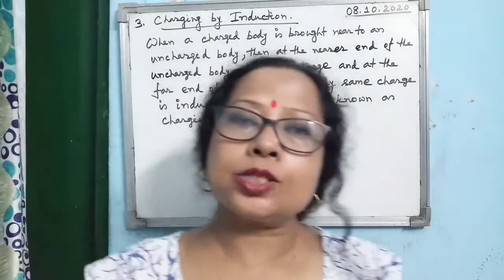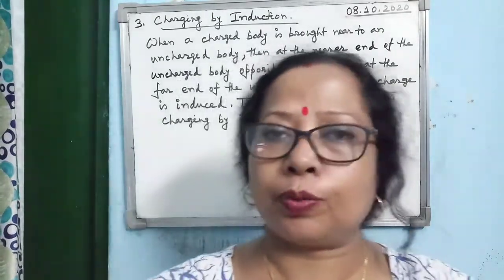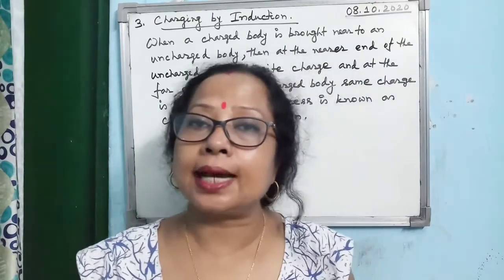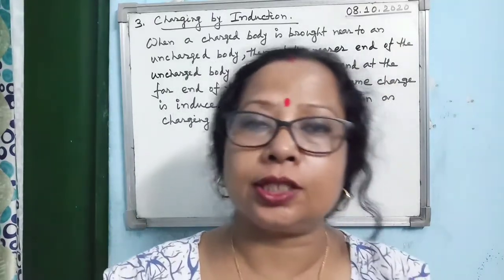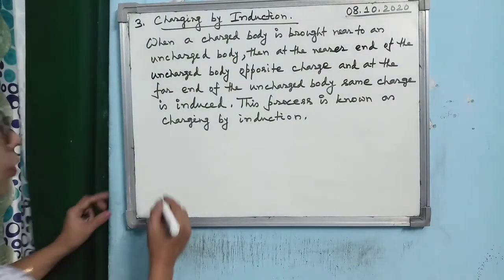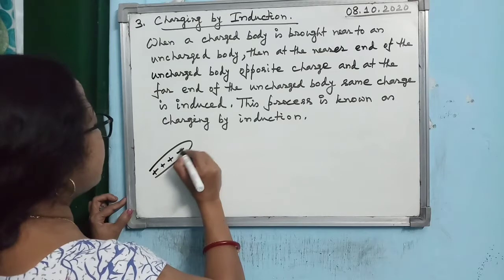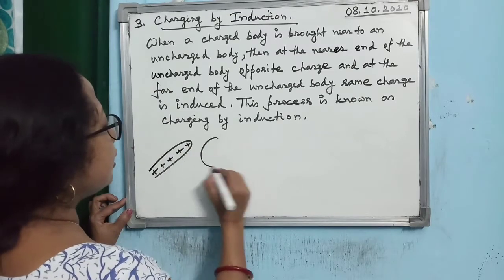Alright, in this case what is done? The charged body is brought near the uncharged body, but the charged and uncharged bodies do not touch each other. Then what happens? I am giving one example. Suppose you have brought one positively charged body near an uncharged body.